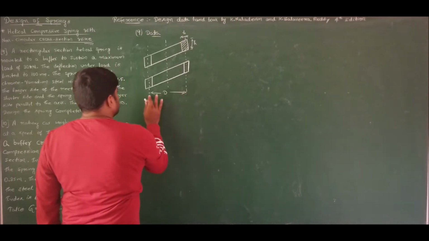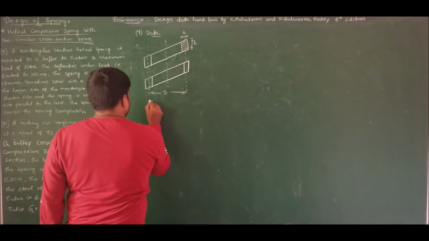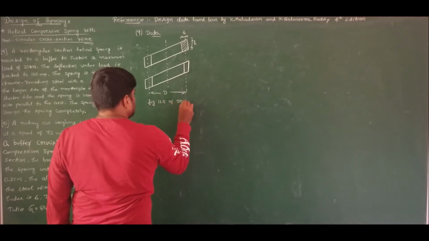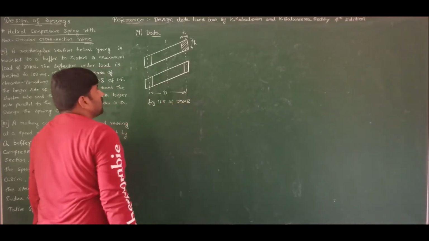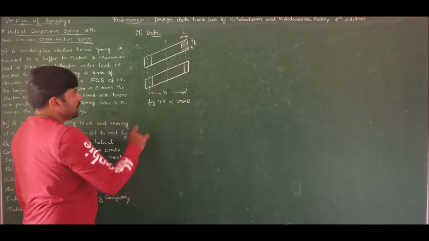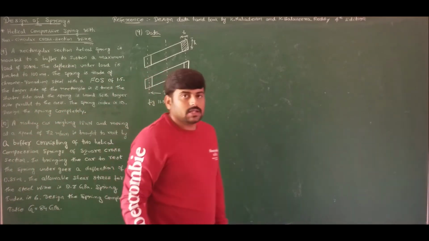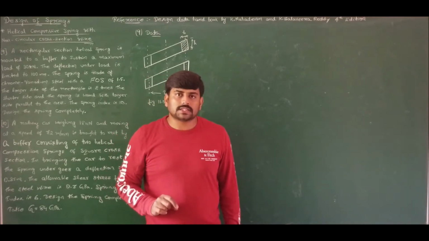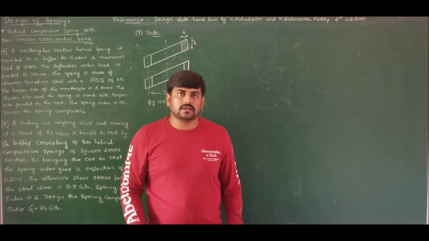If you want to understand more clearly, refer to figure 11.5 of the Design Data Handbook, wherein he has given the pictorial view of a square cross-sectioned wire helical compressive spring.